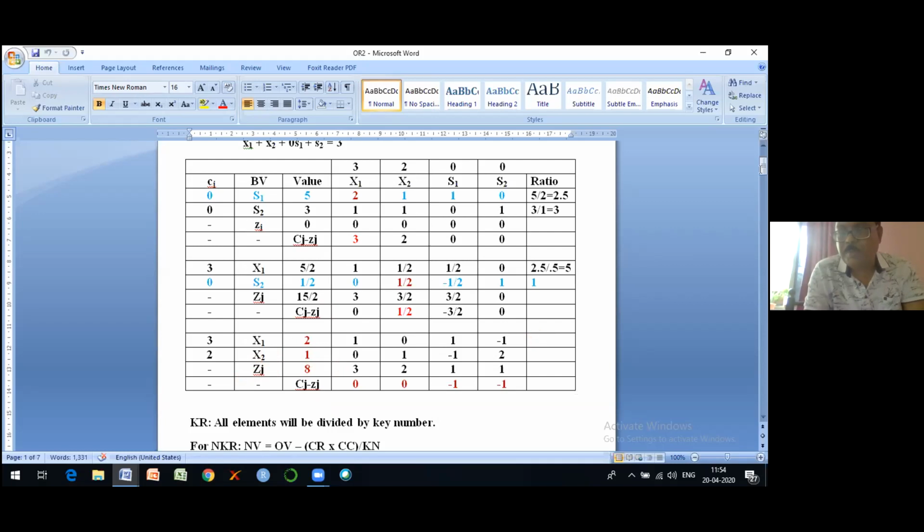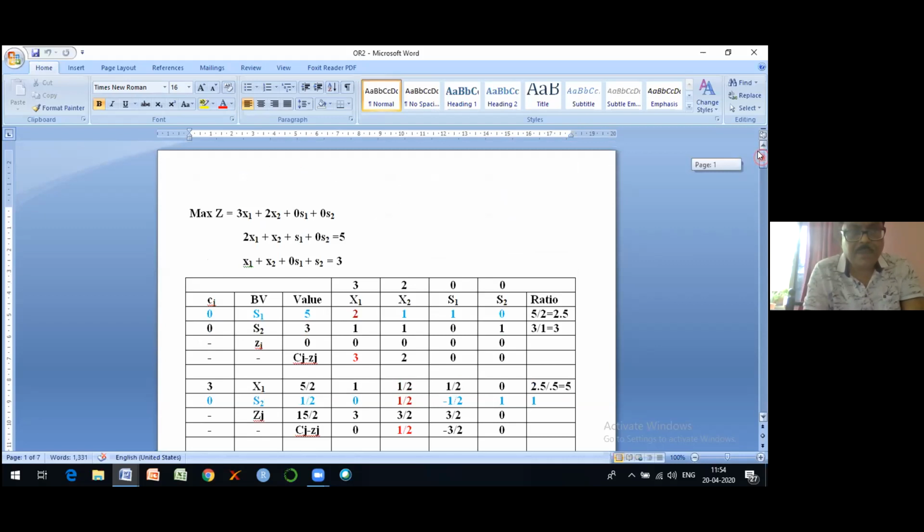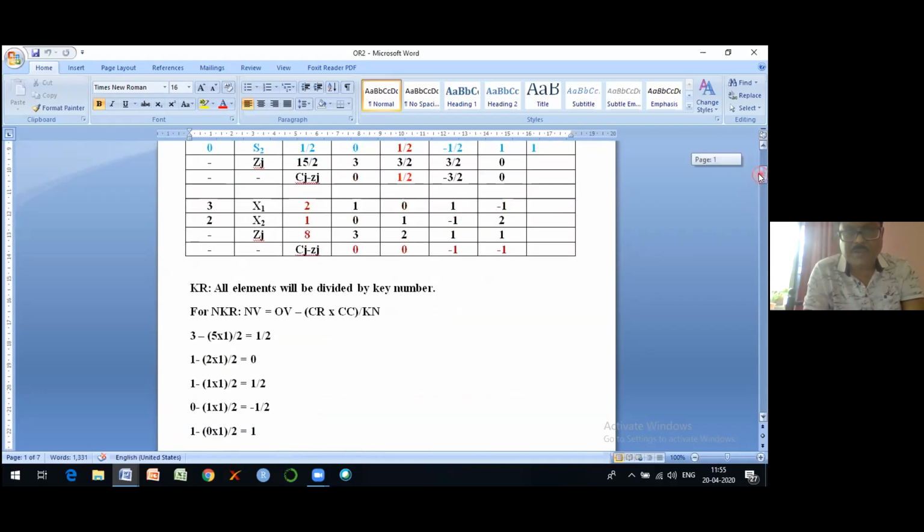Just put it in your objective function, just validate the result. 3 into 2, x1 value is 2, 3 into 2, 6, plus x2 value is 1, so 2 into 1 is 2, 6 plus 2 equal to 8. That we have already got from the last table. The value of x1 is 2, the value of x2 is 1, and the value of Zj is 8.